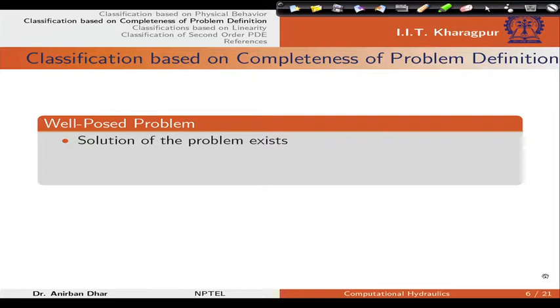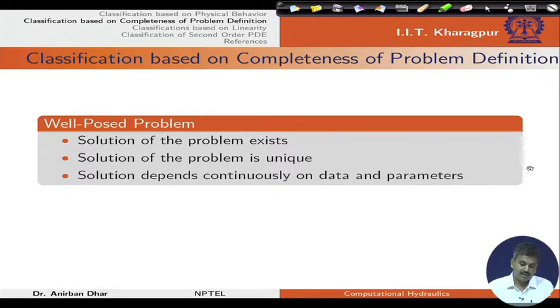Classification based on completeness of problem definition. A problem is called a well posed problem when the solution of the problem exists. The second condition is that the solution of the problem is unique, and the third condition is that the solution depends continuously on data and parameters.